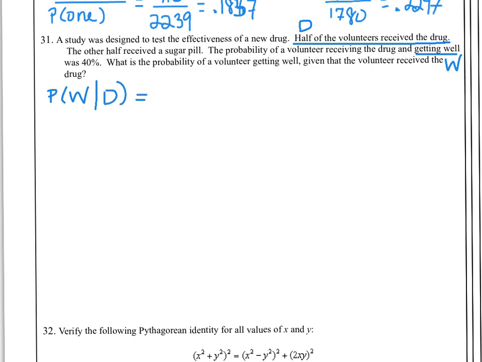Okay, just like the last question. So we're going to find the probability of getting well and receiving the drug over the probability of receiving the drug. Okay.